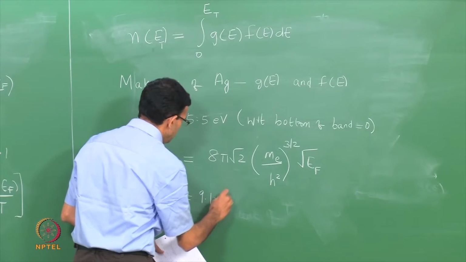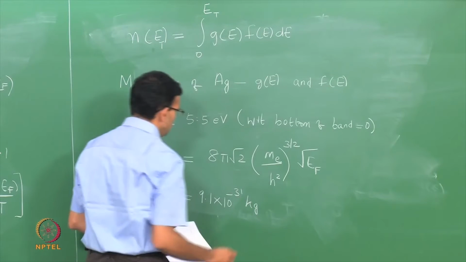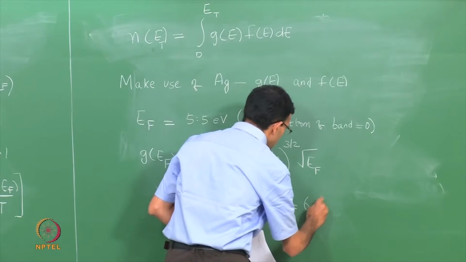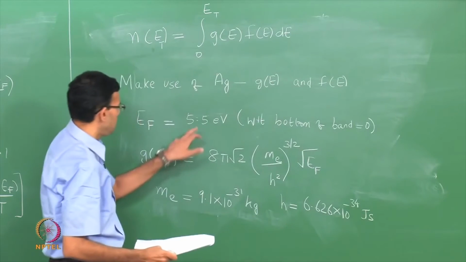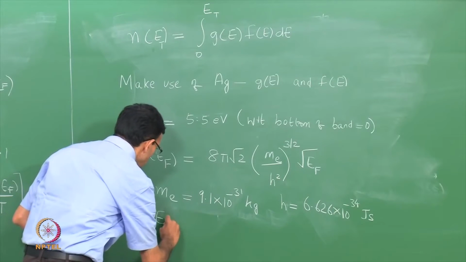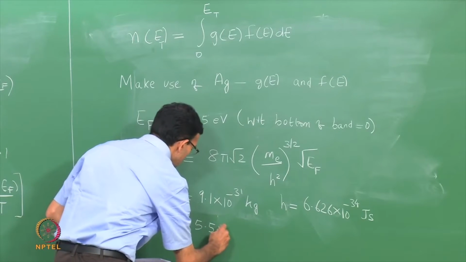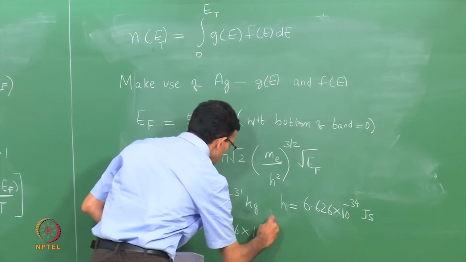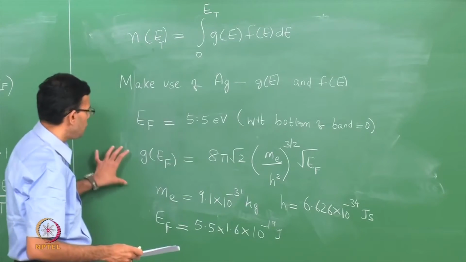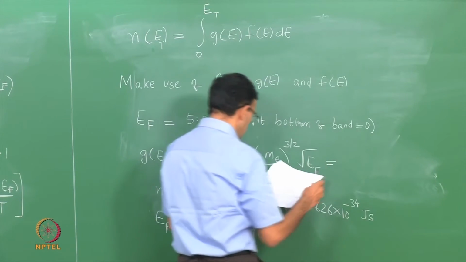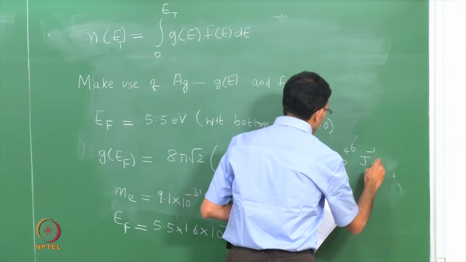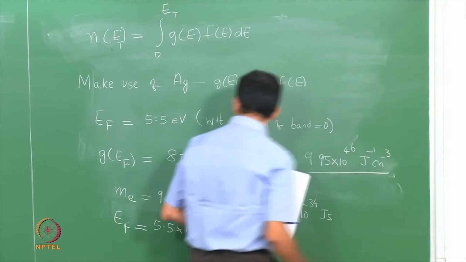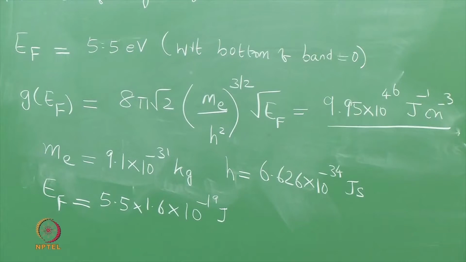Me has the value 9.1 times 10 to the minus 31, h is the Planck's constant, and Ef is 5.5 electron volts, which we can convert into joules. If we do the numbers, we get the density of states to be equal to this. So these many states are available per joule and per meter cube in the case of silver at the Fermi energy.